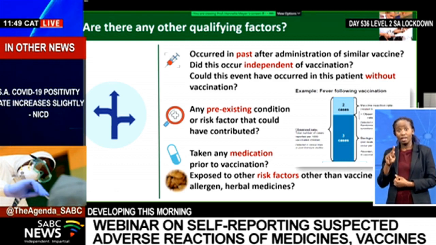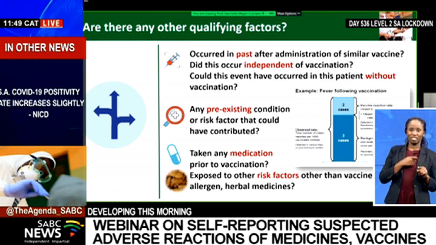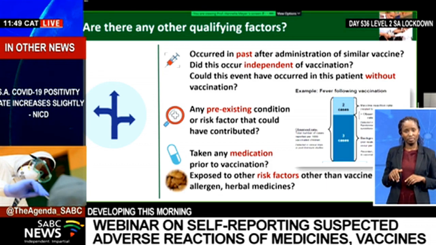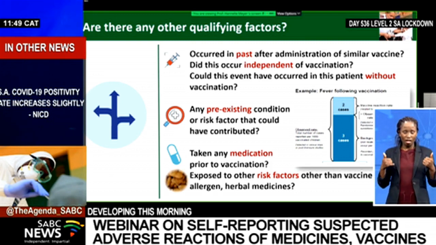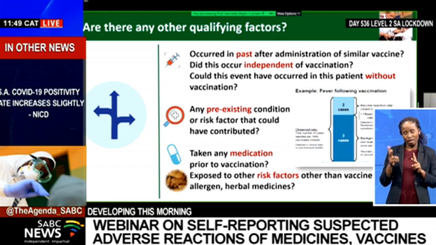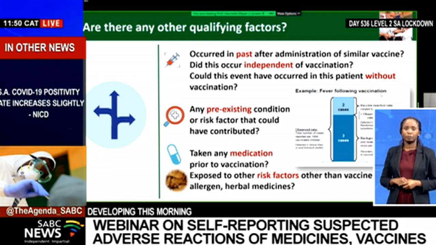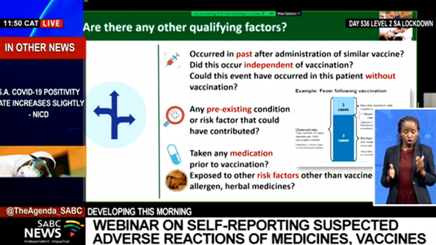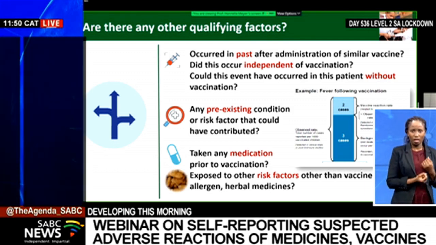So here's just an example where we would also look at the background rates. This is very important with COVID-19 when people present with certain diseases. So you would look at what is the background rate, or the normal rate, or the expected rate of a certain event. And then you would look at what is the vaccine rate to determine whether there are now more of these adverse events compared to under normal circumstances in unvaccinated people.